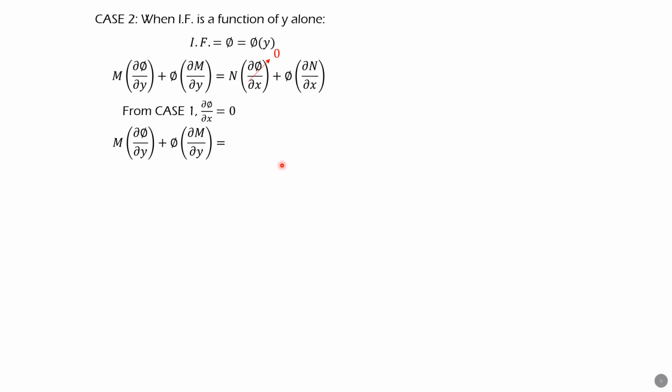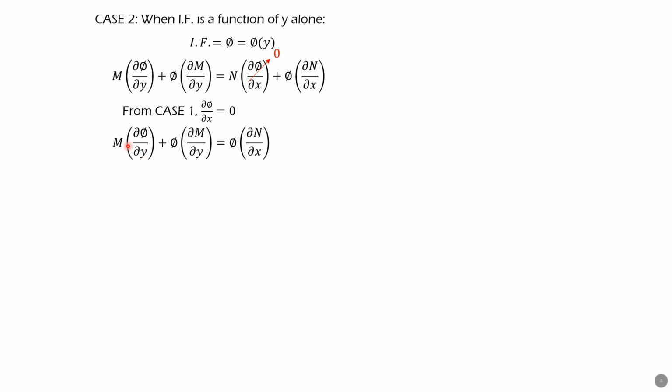So transposing this expression to the right, we have m times the partial derivative of p with respect to y, which can be replaced by m times the derivative of p with respect to y, because p is a function of y alone. So the partial derivative with respect to y is also the derivative with respect to y.